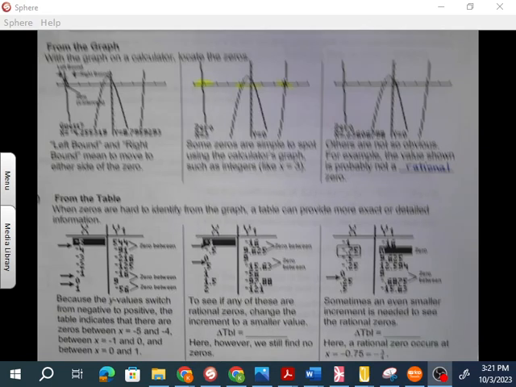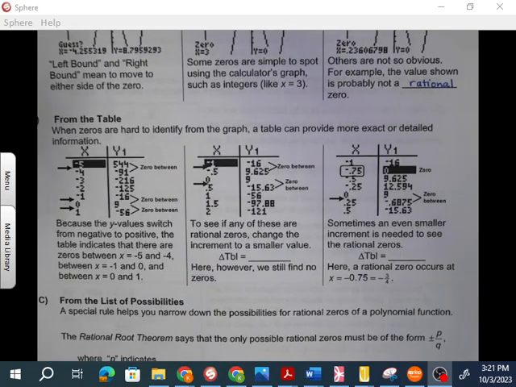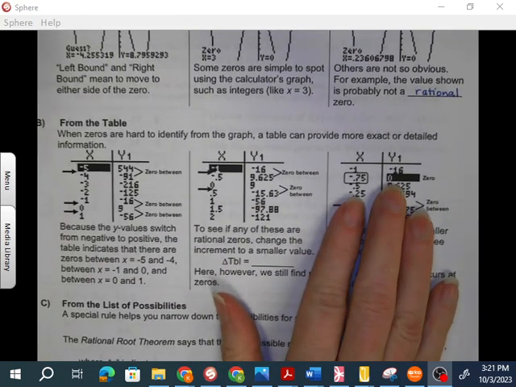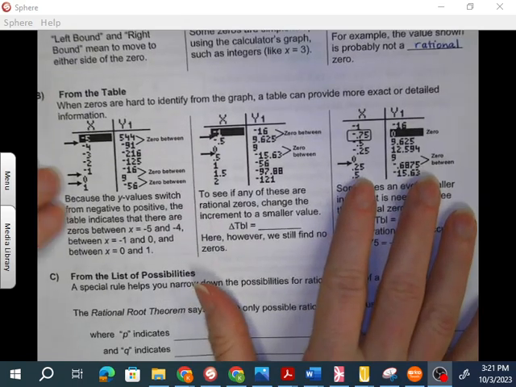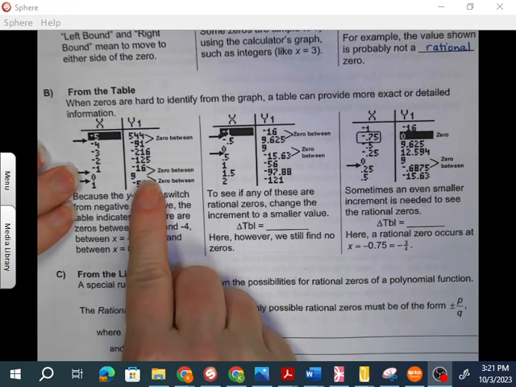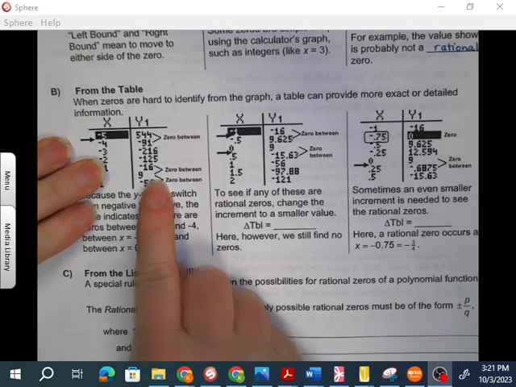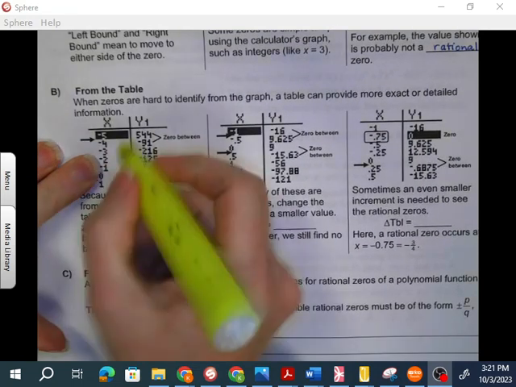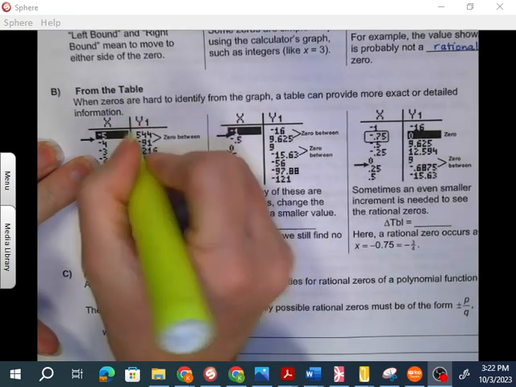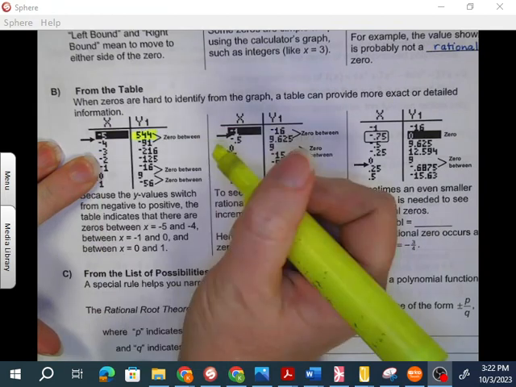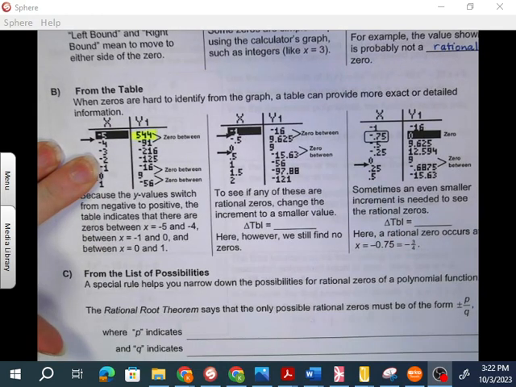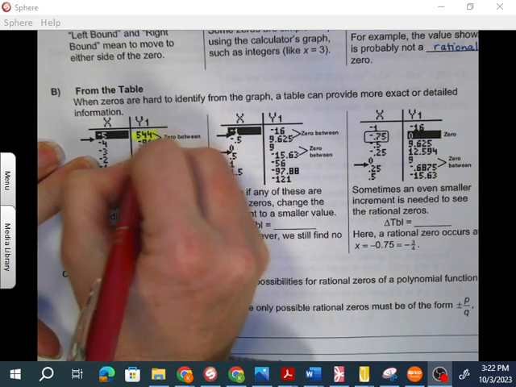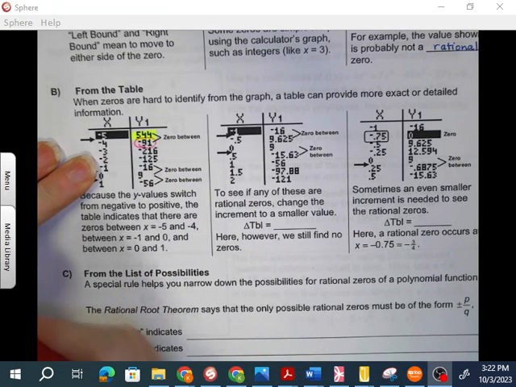So, a couple of things we can do. We can go to our table and we can look for zeros on the table. If you look on the table and you don't see the zeros, you might notice something like this. If you look at the first picture they gave you, right here it goes 544, positive 544. And then right below that is negative 91. Now think about that for just a second.